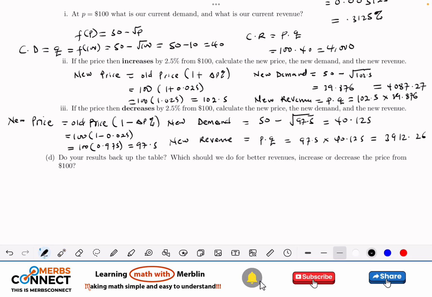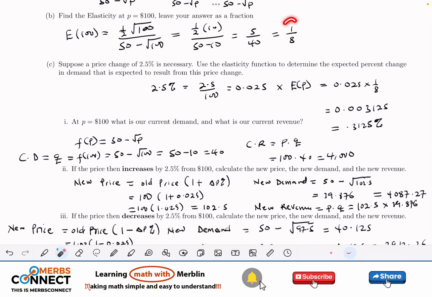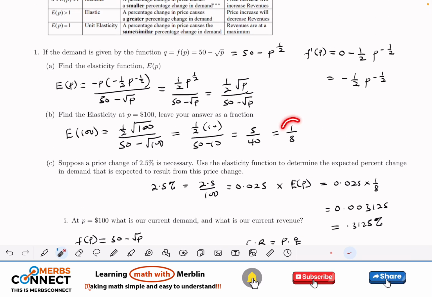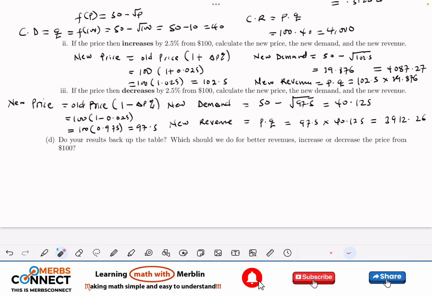So we can base it on the elasticity, which is this. Since the elasticity here is less than 1, then probably we need to increase the price so that we can also increase revenue, because our elasticity is just within 0 and 1.